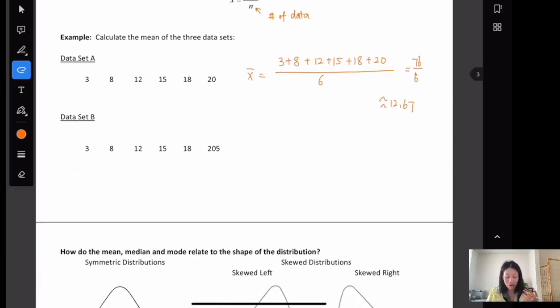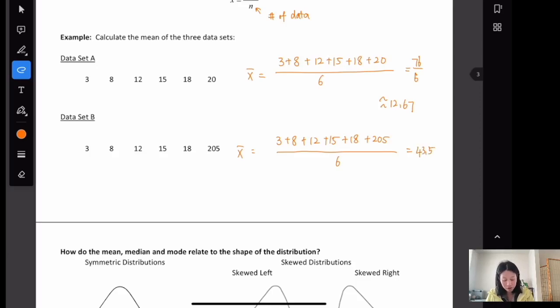Similarly for data set B, we've got x bar equals 3 plus 8 plus 12 plus 15 plus 18 plus 205, divided by 6. You might use a calculator to do that, and then you end up getting 14.5.